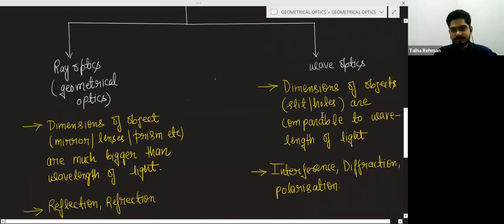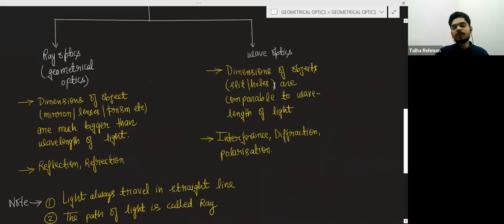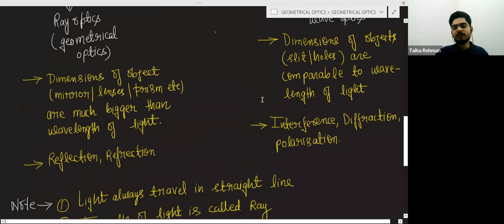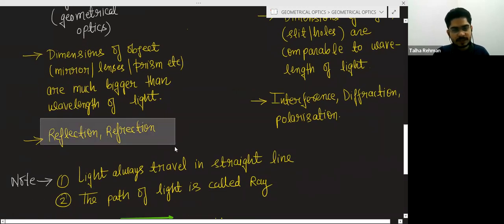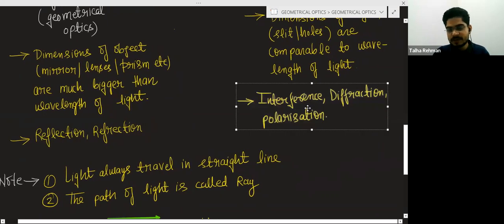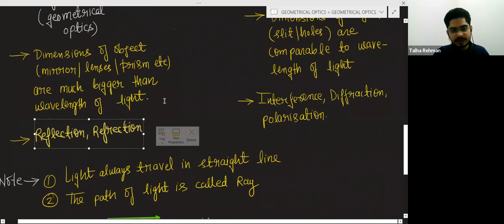Now, in wave optics, light will pass through very narrow slits and holes, and the size of these slits or holes is comparable to the wavelength of light. Here in ray optics we study reflection and refraction, and in wave optics we study interference, diffraction, and polarization.